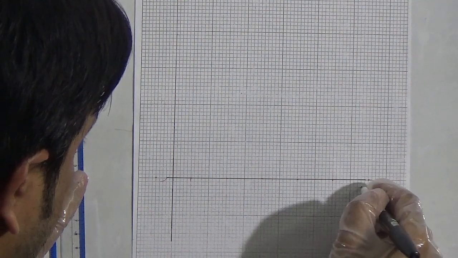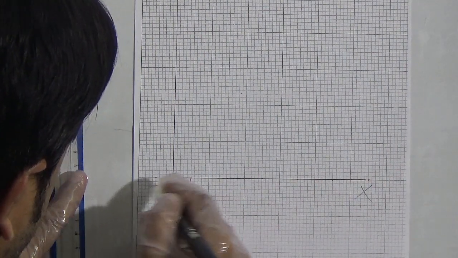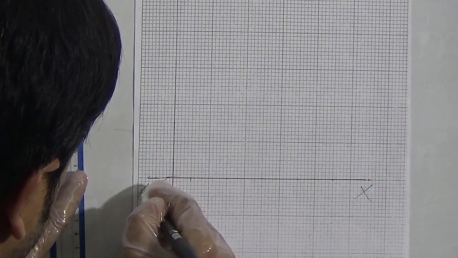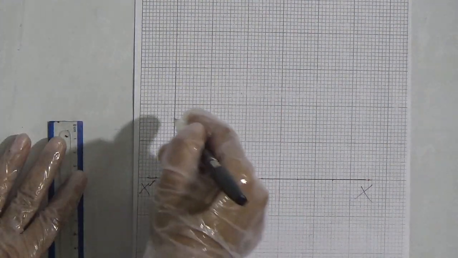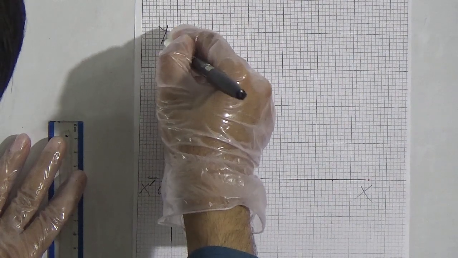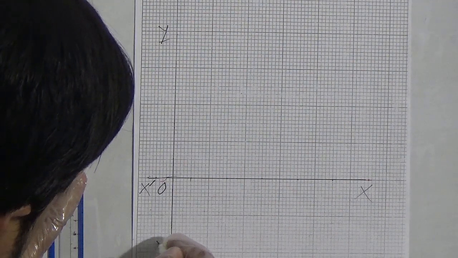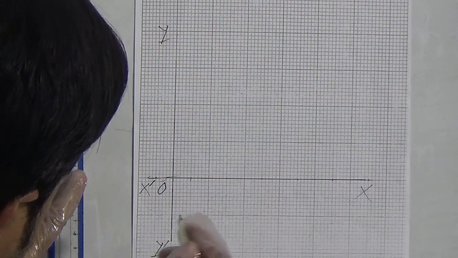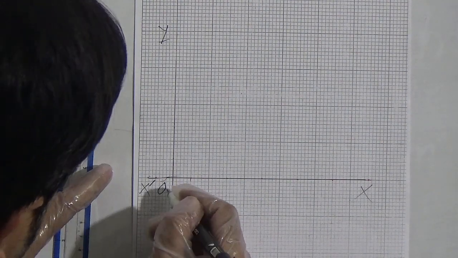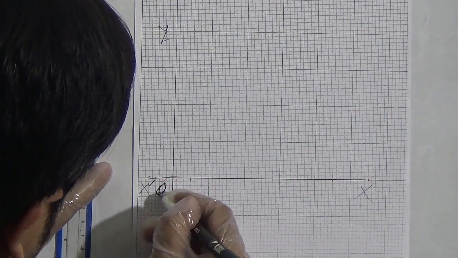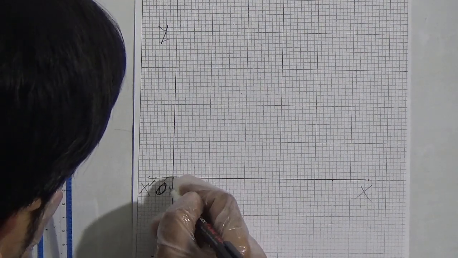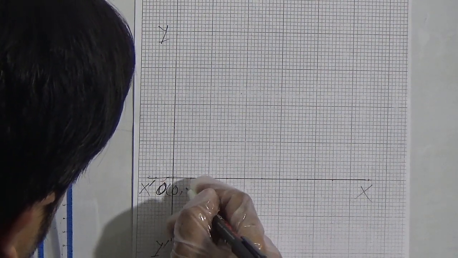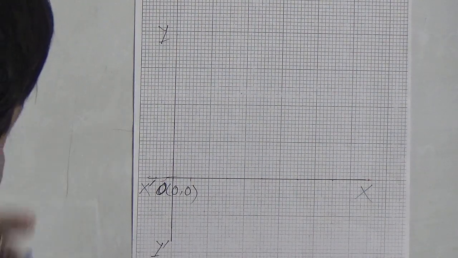This horizontal axis we can denote by X'OX, and vertical axis we can denote by Y'OY. These two axes intersect each other at O. This O is known as origin. Here the value of both axes is 0.